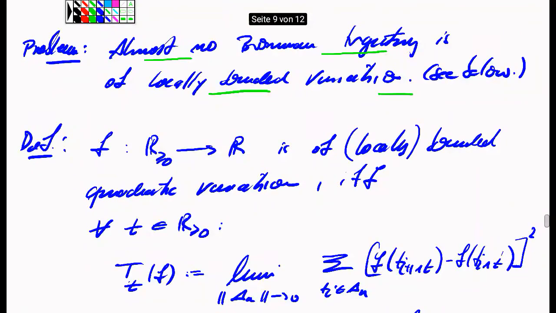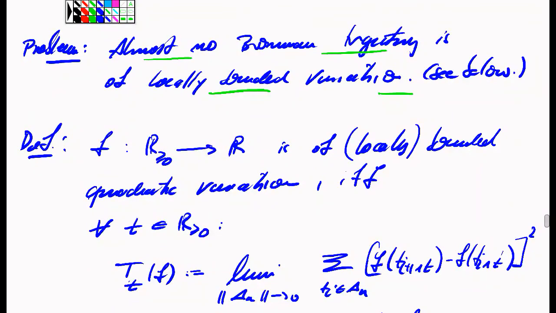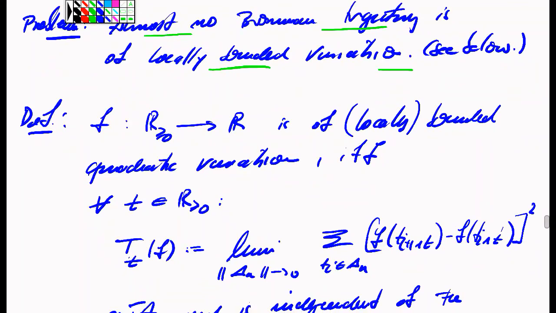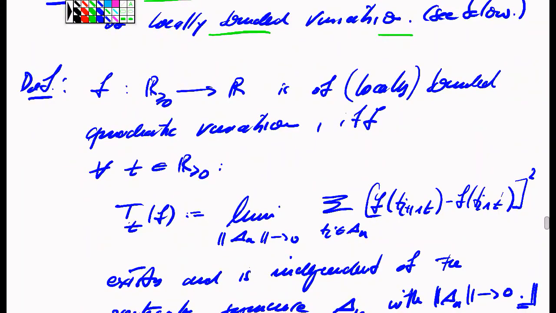The first step in order to see this will be the introduction of an important concept which will ultimately lead to the solution of the problem and will ultimately lead to the construction of the stochastic integral, which will be the concept of a quadratic variation of a function.